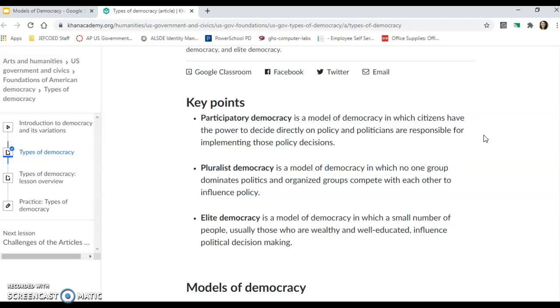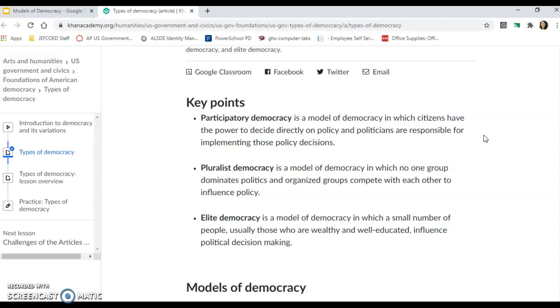And finally, the last one is elite democracy. This is a model of democracy in which a small number of people, usually those who are wealthy and well-educated, influence political decision making. And so the idea here is that there's a thought that maybe these incredibly wealthy people, because they have so much wealth and prestige, are calling the shots as far as decisions being made by the government.